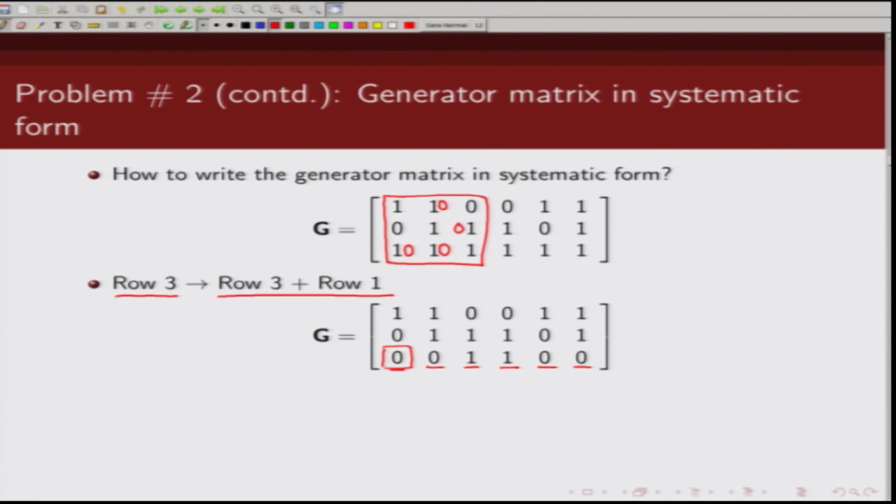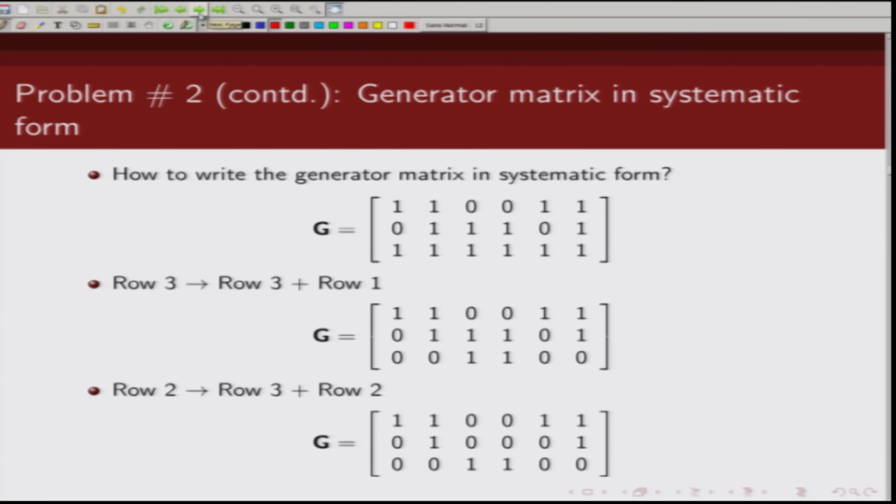Next, we want a 0 here, we want to make this 0. So, how can we do that? We do this transformation that row 2 is row 2 plus row 3.